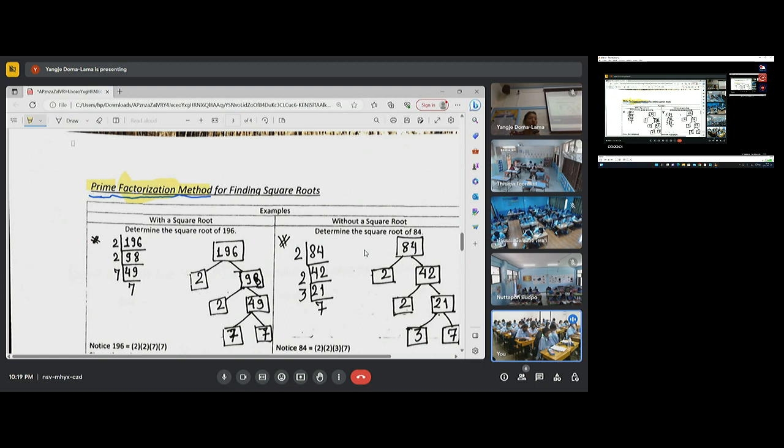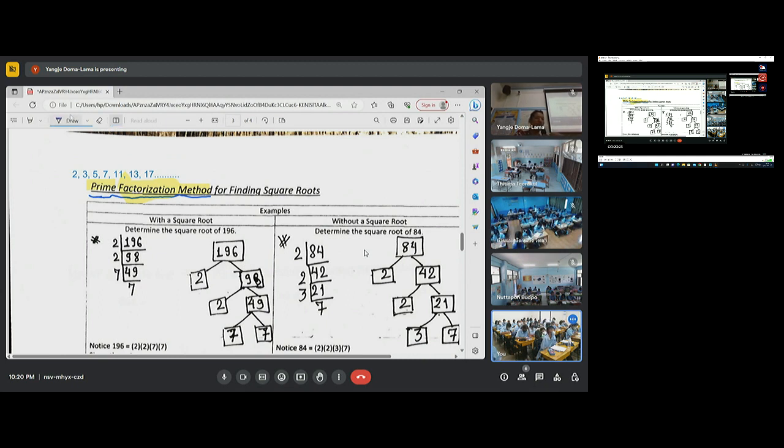What do you mean by prime? You know the prime numbers? You know prime numbers 2, 3, 5, 7, 11, 13, 17, and so on. They are prime numbers. Do you know prime numbers?